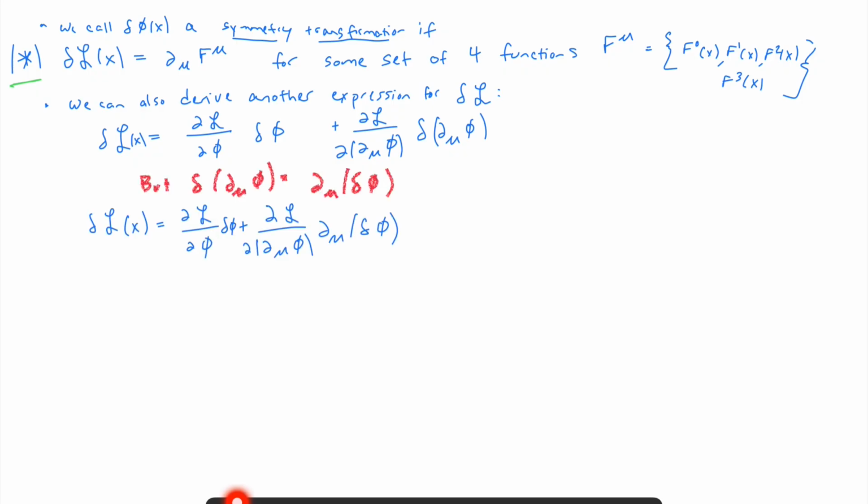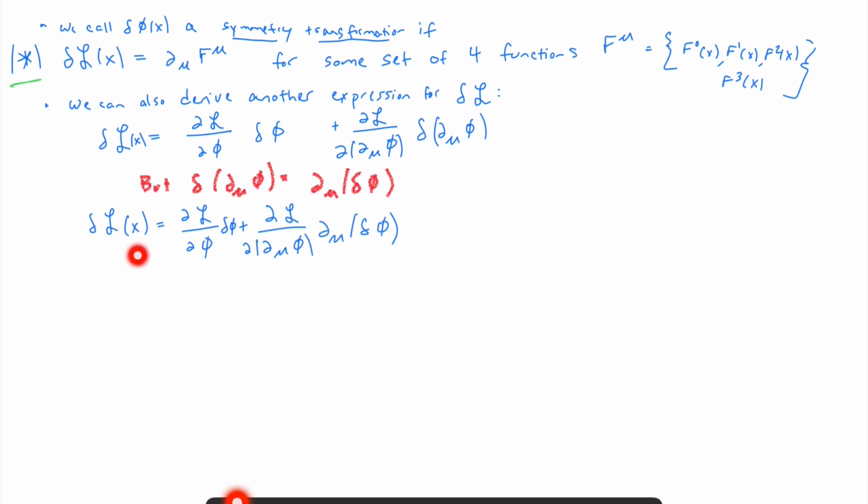Now, this formula here, delta of d mu of phi, can just be reversed. You can think about that for a few minutes and realize that it's very obvious as to why that's the case. So we can change this delta and this partial sub mu symbol and just reverse them like this, and then rewrite this formula as follows.